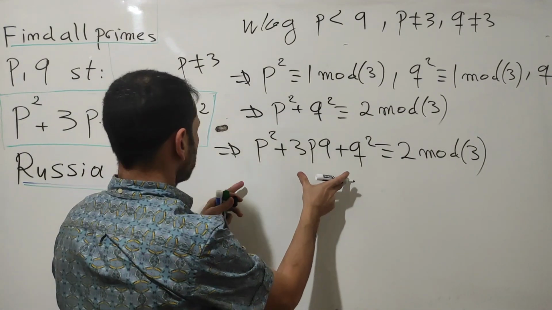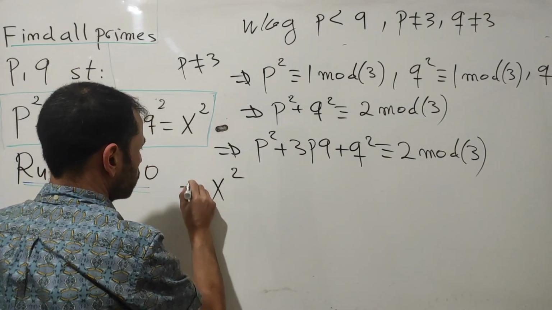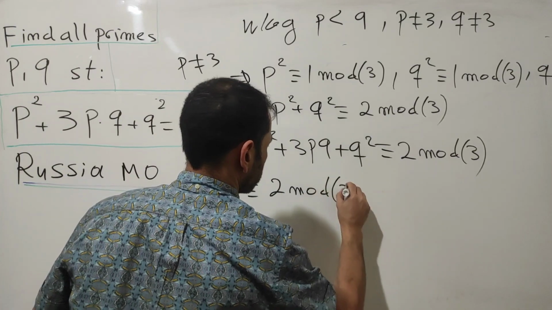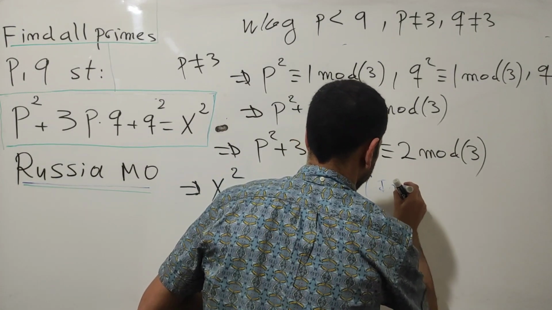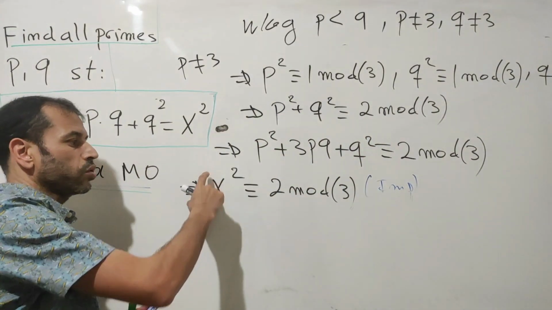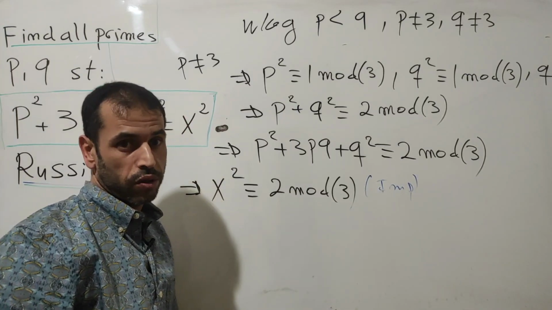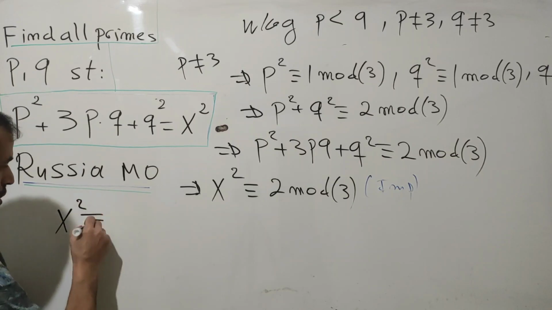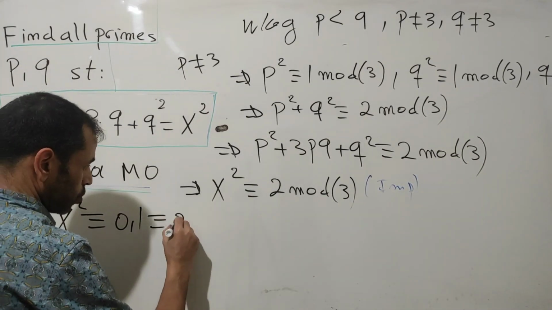So the whole thing equals a perfect square, which means x squared is congruent to 2 mod 3, which is impossible. Why? Because when you have an integer, square it and divide by 3, you get the remainder 0 or 1, always, not 2.